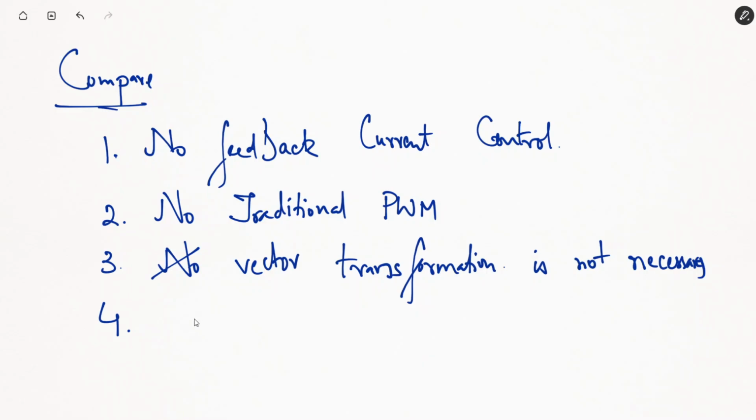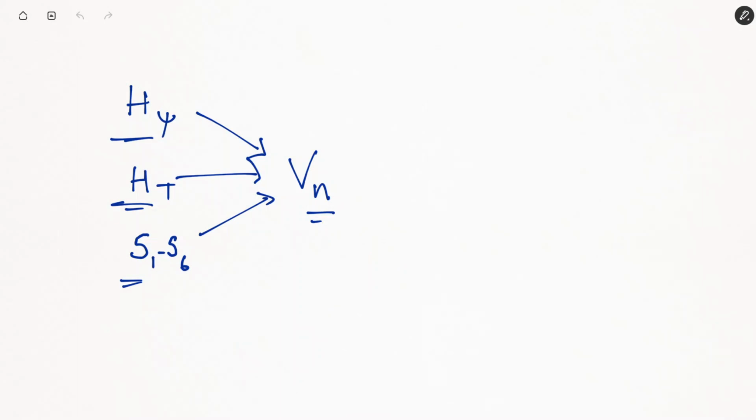But the disadvantage is that we are using a hysteresis band for control of torque and flux. We are not employing current control strategy, but we are employing hysteresis bands for control of torque and flux.